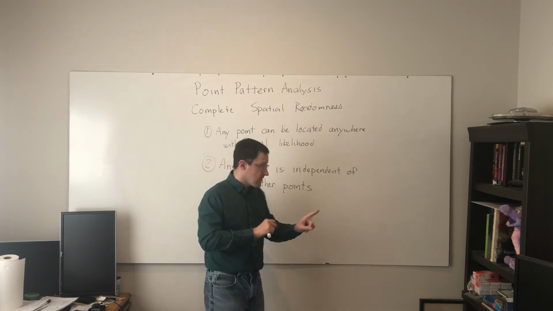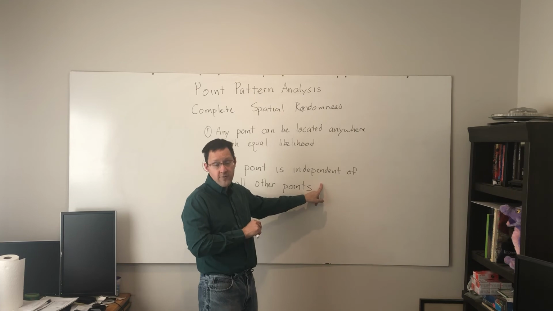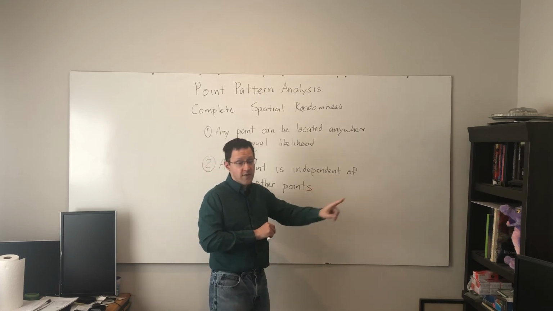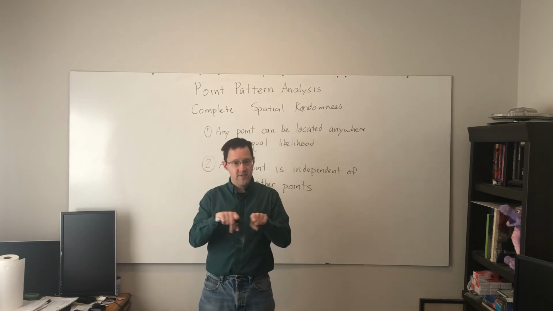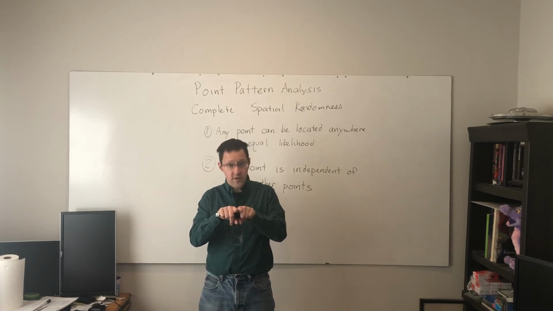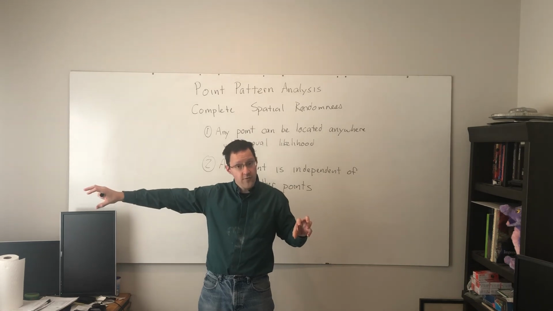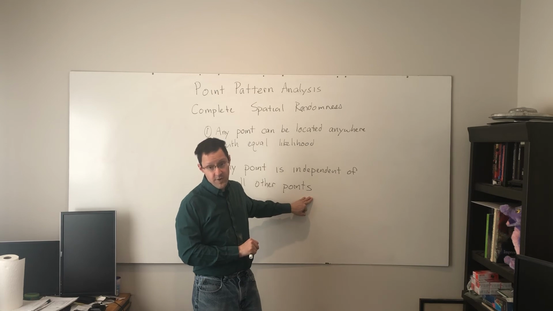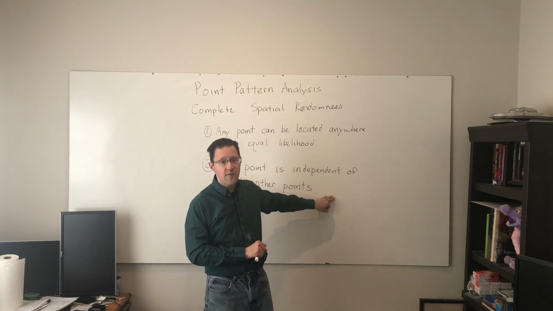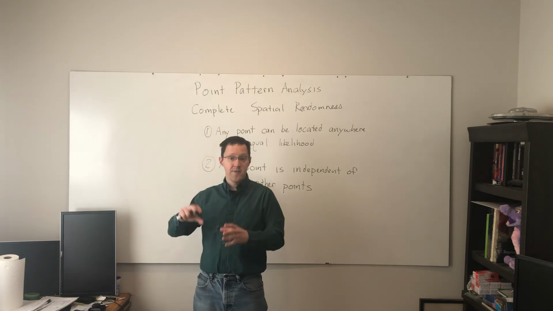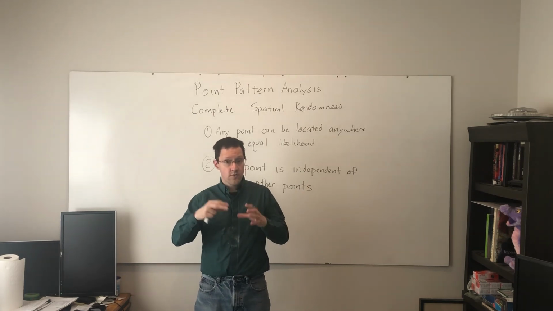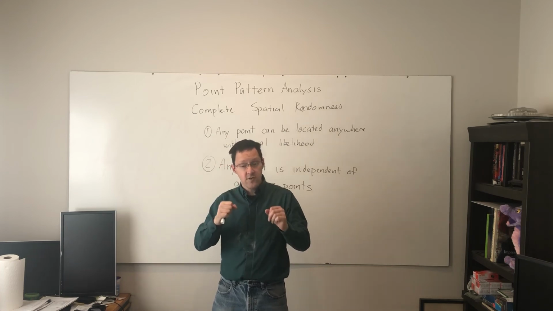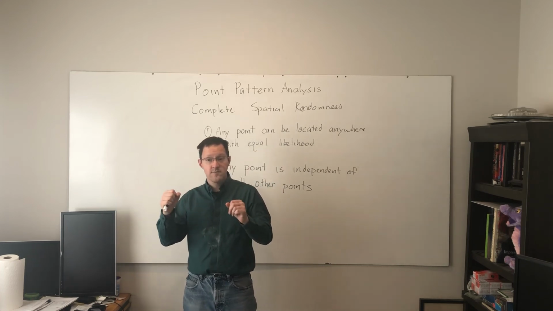Distance-based approaches would be testing this second assumption, because if there's something going on with those distances, if two points are close to each other, or if they're all far apart from each other, then they're not independent. And we have a point pattern. We have something that is not random, because the distances are too long or too short. They don't match the distribution of distances under a random point pattern.